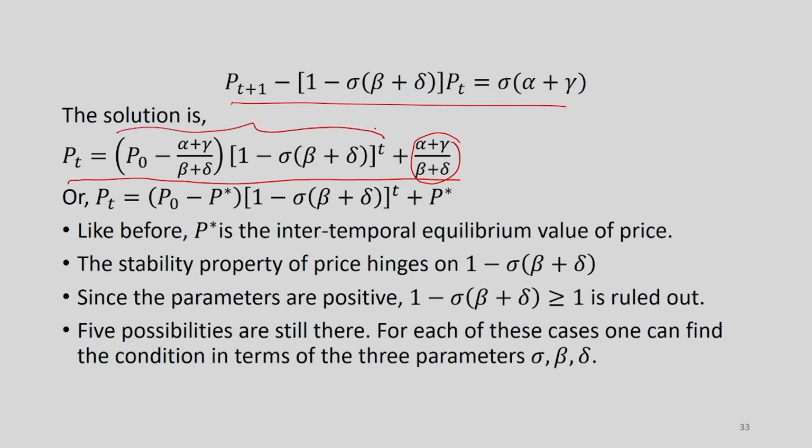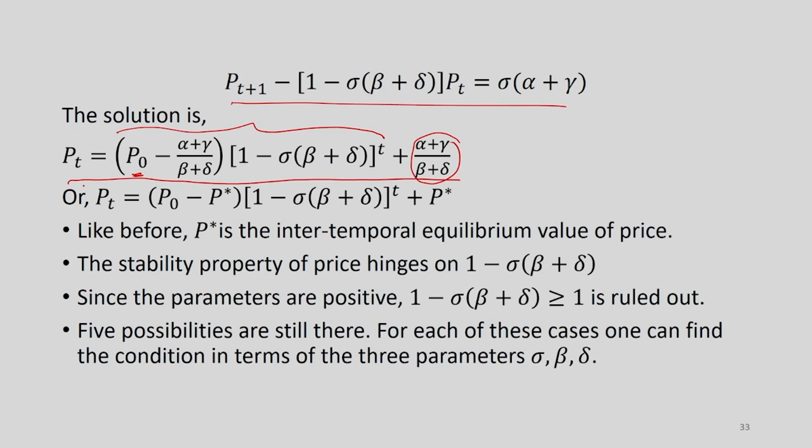This is the complementary function A b to the power t, where if I know that in period 0 the price was P0, I use that information. So, this becomes the complete solution. P(t) is equal to (P0 minus (alpha plus gamma) divided by (beta plus delta)) multiplied by (1 minus sigma times (beta plus delta)) whole thing to the power t, plus (alpha plus gamma) divided by (beta plus delta).